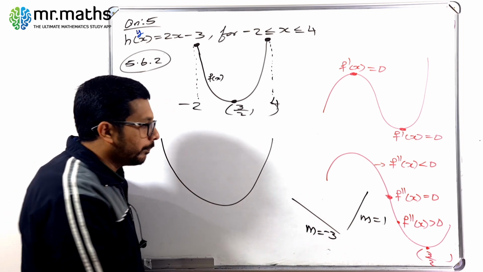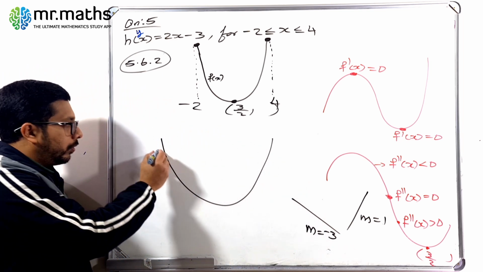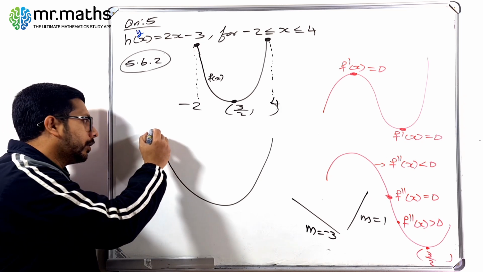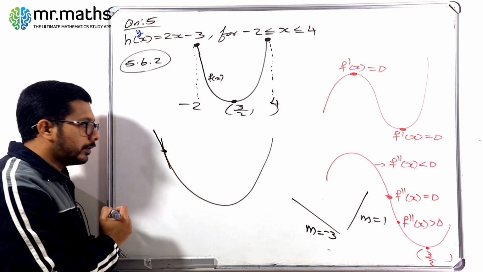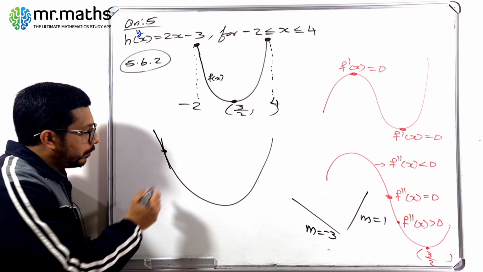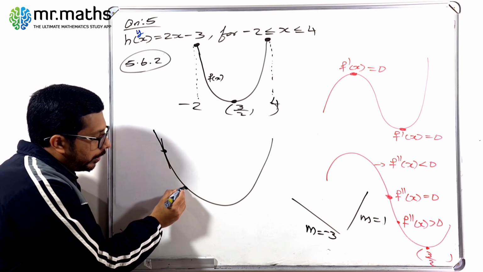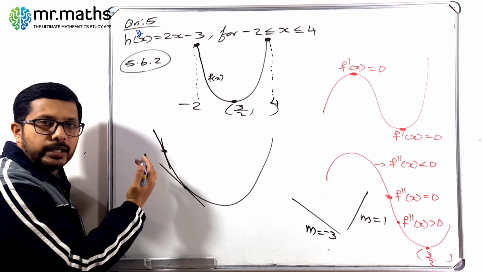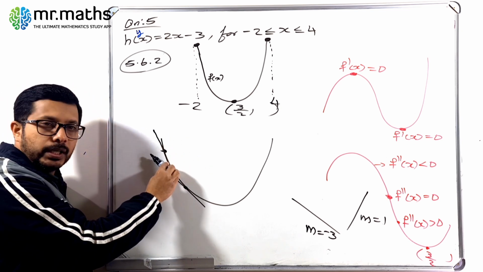Now, if I draw a gradient, a tangent, at this point, this is the gradient. When you go down here and draw a gradient, this is the gradient. Gradient means slope. Can you see the slope is decreasing?